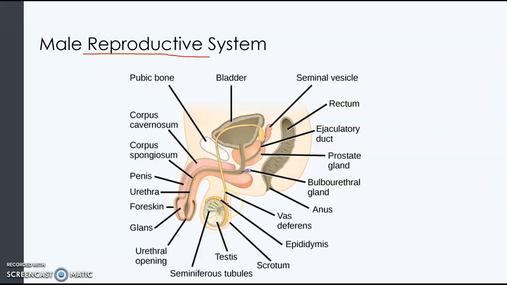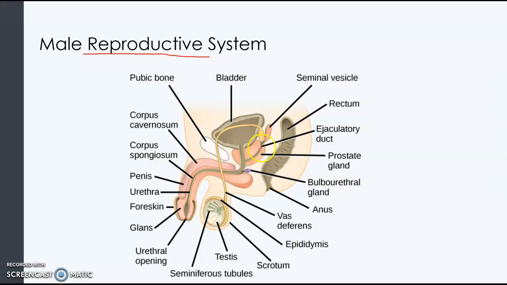And then they travel up the vas deferens to the urethra. Okay, so right here is where the urethra starts. And the urethra is part of the male reproductive system as well as the male urinary system.